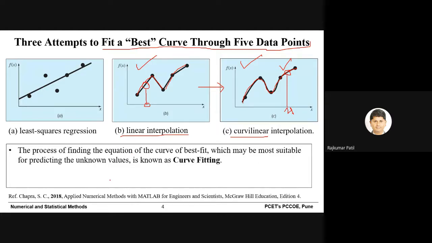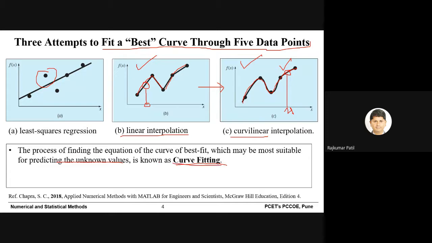The process of finding the equation of the curve of best fit, which may be most suitable for predicting the unknown values, is known as curve fitting. This is the generic definition of curve fitting. For the given data, we fit a curve or a straight line so that the error will be least, and by using that equation we can predict the values.